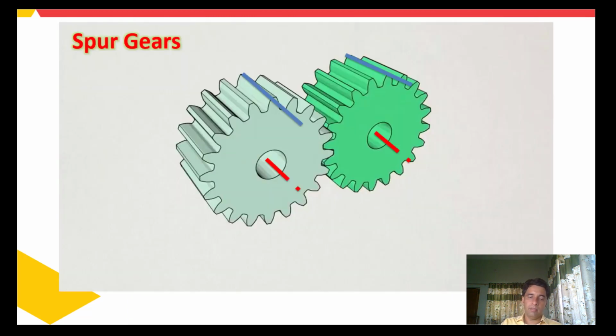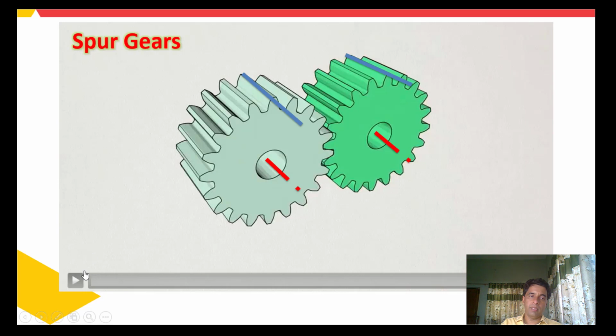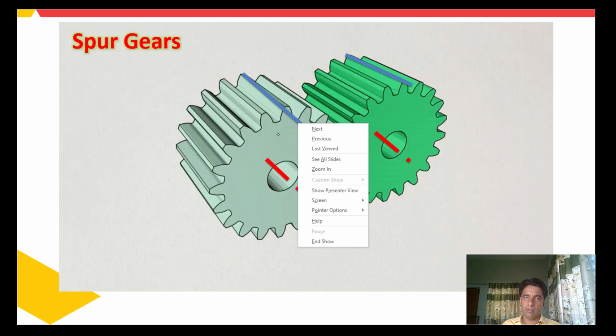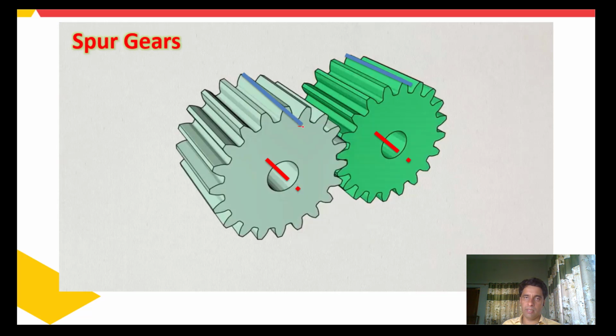Here we can observe the gear teeth are parallel to the axis. This is the line which I have drawn to denote the gear teeth, and the axis is like this. So you see these two are parallel to each other. In case of spur gears, these are the gear teeth. This is the width of the gear teeth.